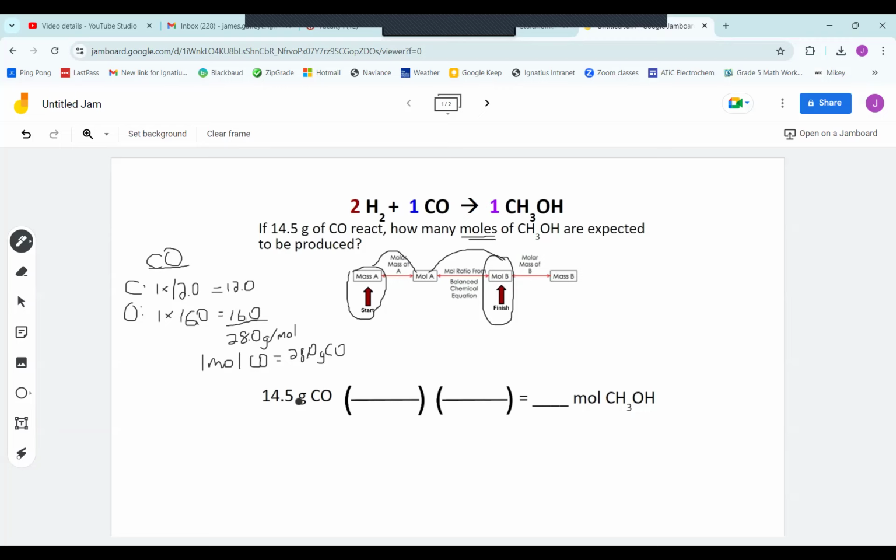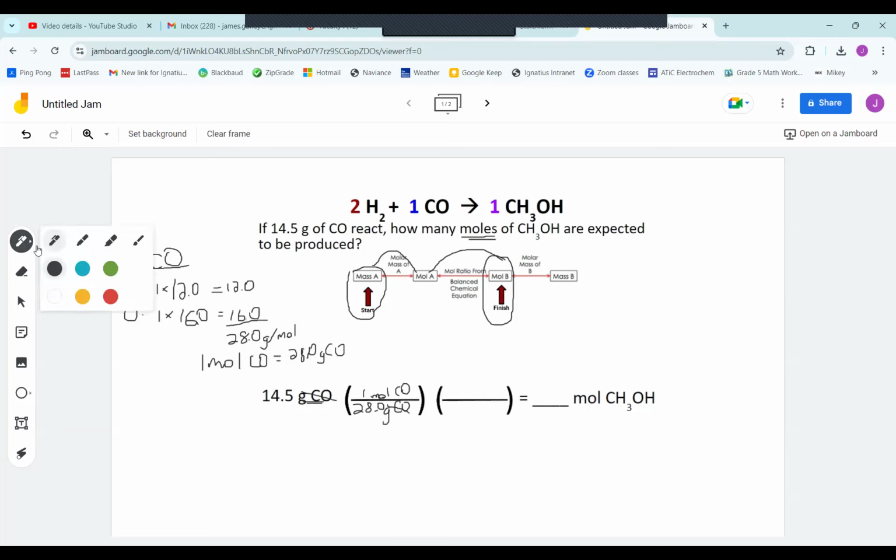So if the first unit is grams of CO, that means I want the unit grams of CO to go in the denominator. So let's make sure to write the 28.0 grams of CO down low, and we'll write the 1 mole of CO up high. That ensures that as you do the calculating, the unit gram CO crosses out.